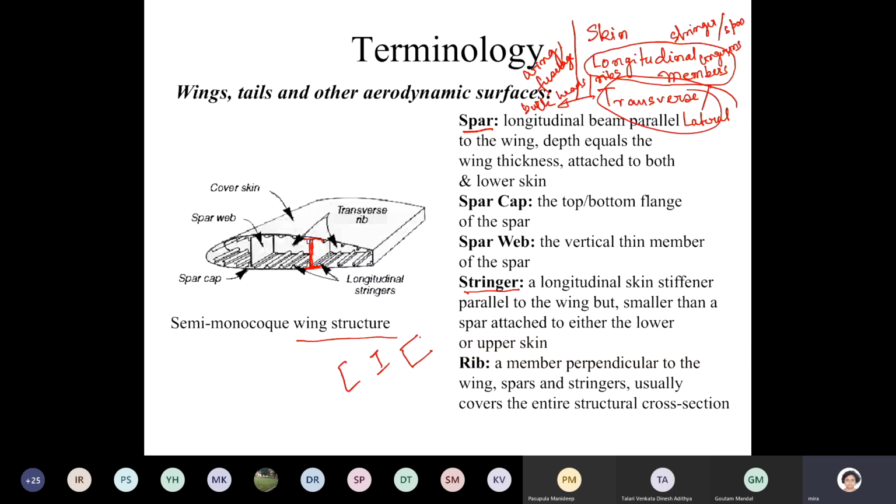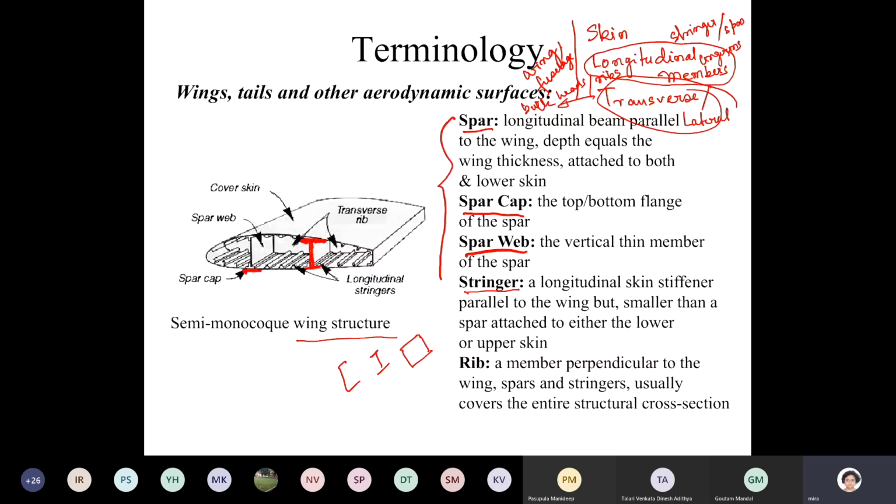Then there are other terminologies which are not very important: spar cap and spar web. This is the cap part, which is called the spar cap, and the spar web is the web part of the spar. Then comes the stringer.